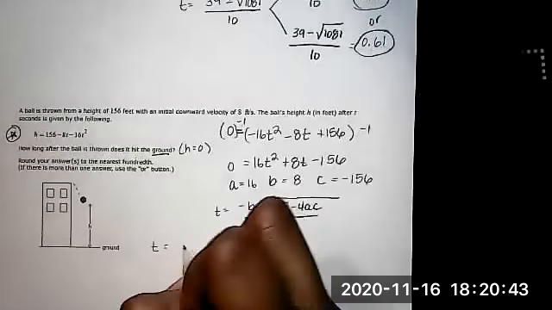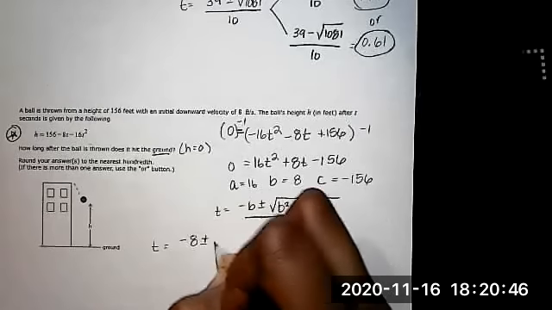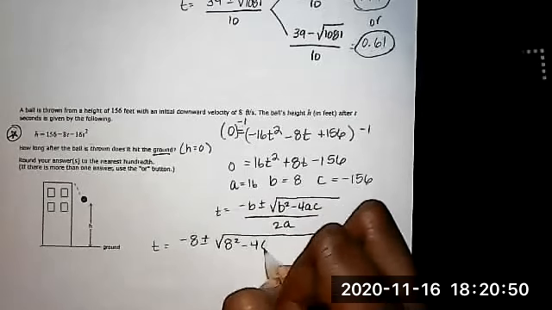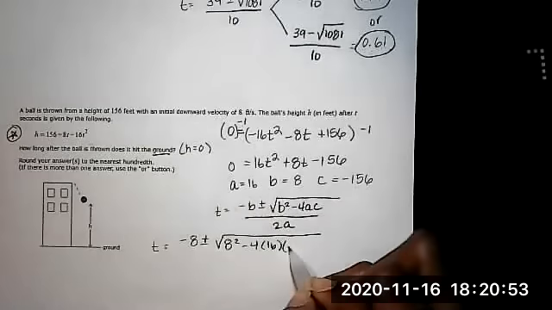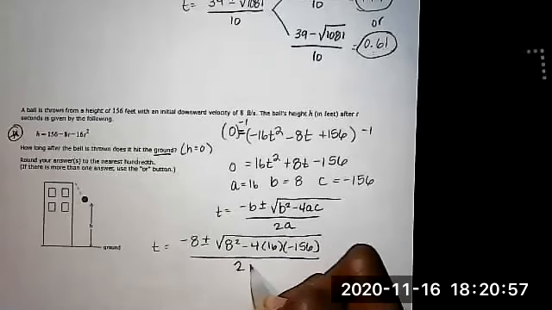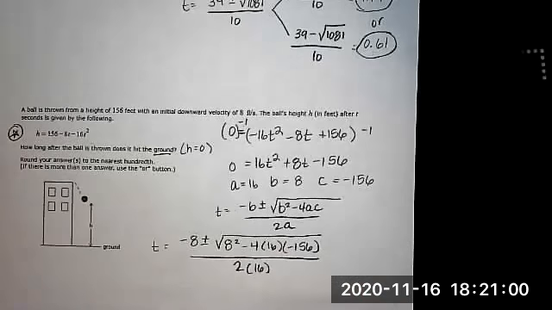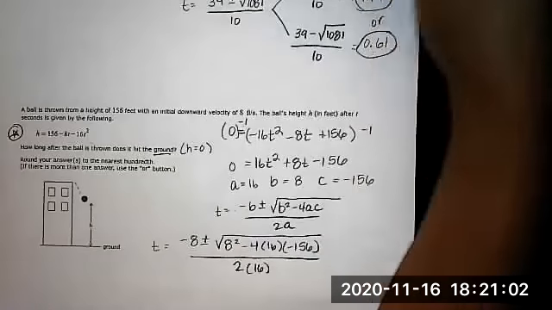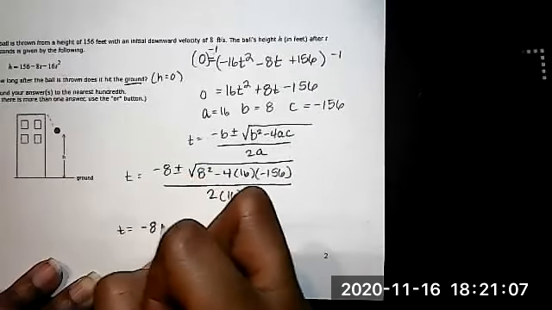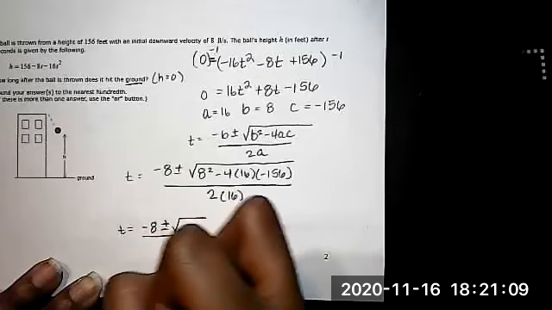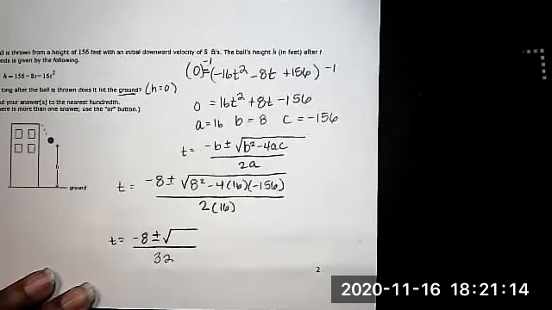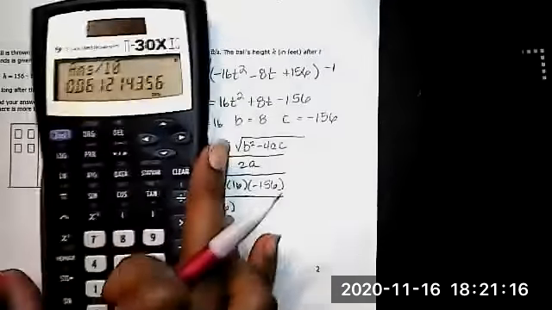Negative 8 plus or minus the square root of 8 squared minus 4 times 16 times negative 156, all over 2 times 16, because our A is 16. 2 times 16 is 32. Let's put that in our calculator to get a single number.